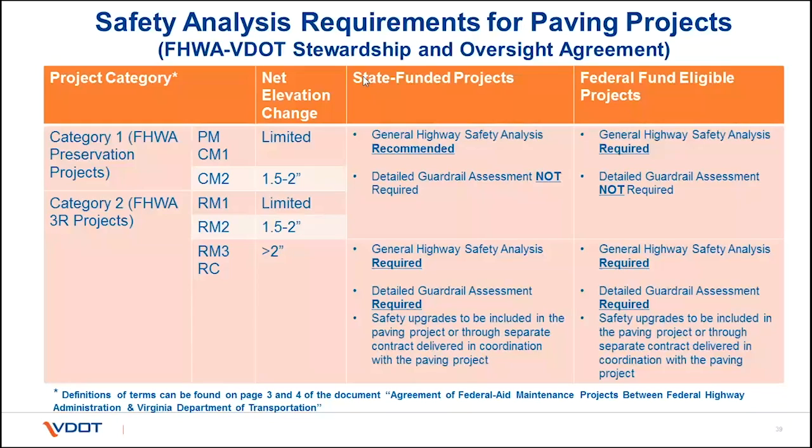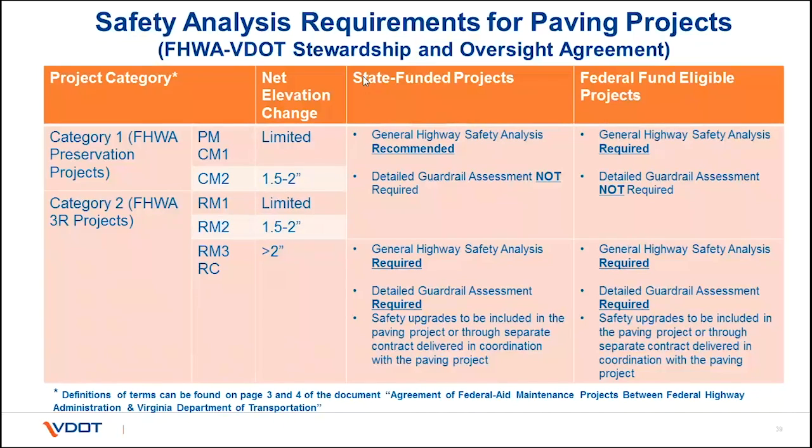So I'm just going to go over some of the highlights of the difference between the state-funded projects and the federal-funded projects. For the vast majority of the projects for which we have seen applications in the past and hopefully going forward as well, they are going to fall into the Tier 1 or Category 1 project, which FHWA and VDOT look at as what we call preservation projects.